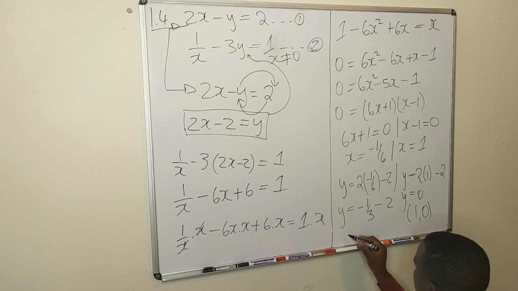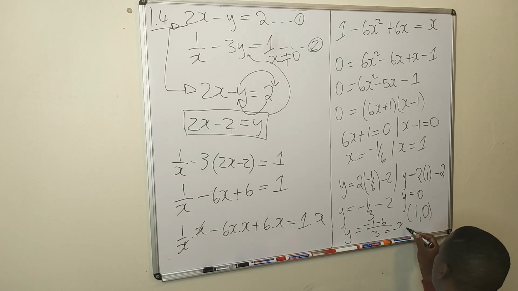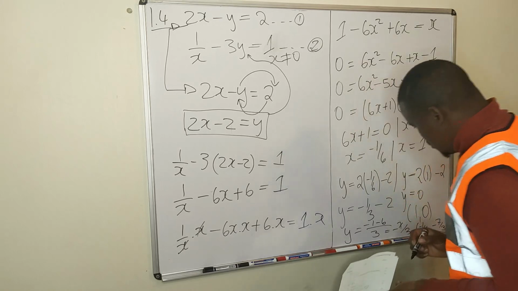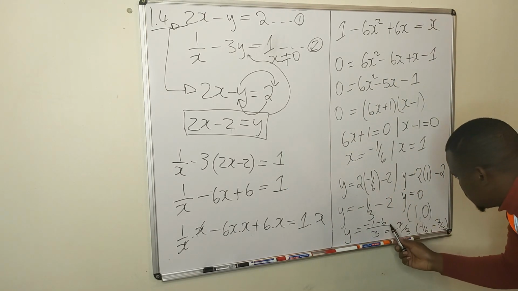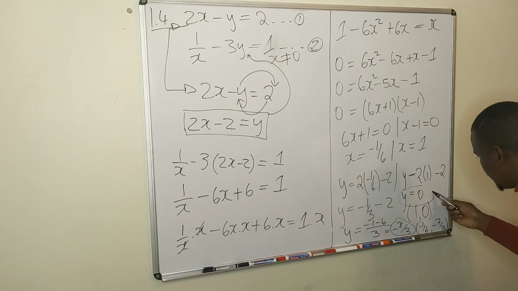What is it going to be? It's going to be y is equal to minus 1 minus 6 all over 3, which is equal to minus 7 over 3. So we have the coordinates as minus 1 over 6 and minus 7 over 3. That's it. So these are the y values, which is this minus 7 over 3 and this 0 here.